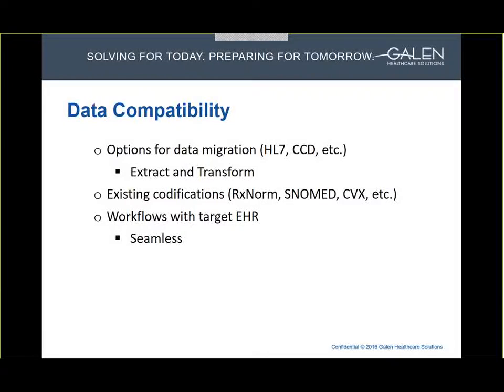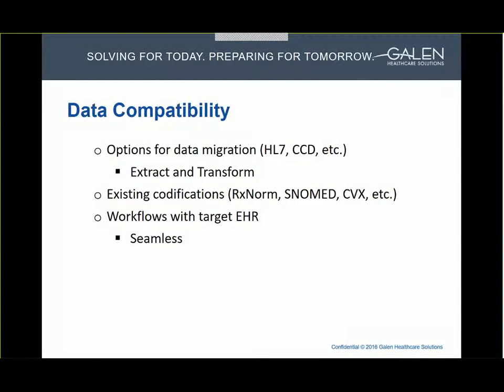Many times it won't, in which case the raw data needs to be extracted and transformed into a CCD message prior to being loaded in the target system. In the case of HL7 messages, many systems don't even allow for the bulk extraction of data in HL7 format, in which case we take the same approach as the CCD, extract the data from the legacy database and transform it into HL7.